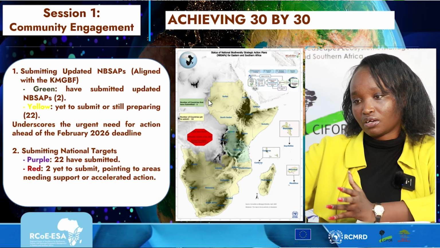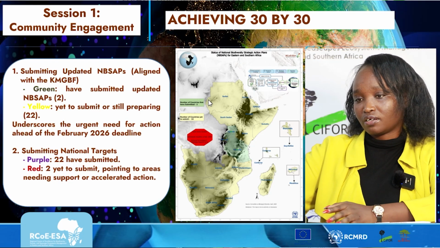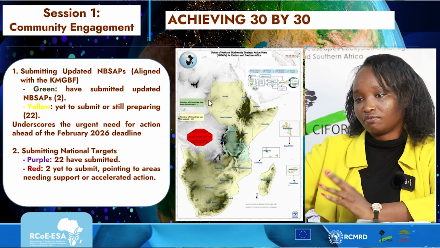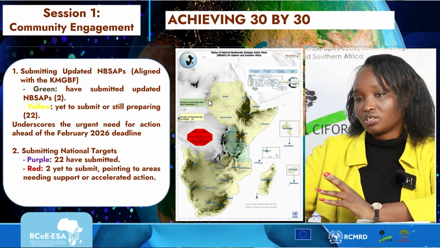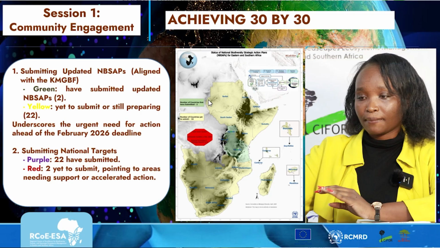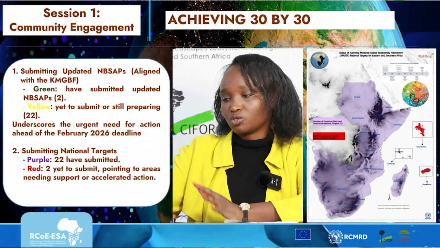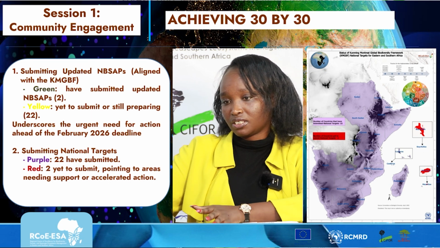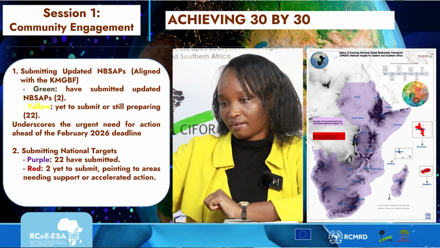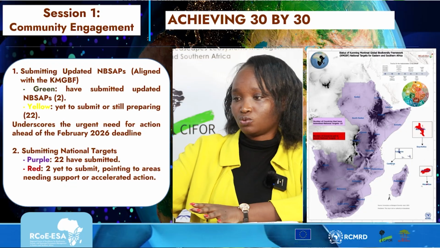For example, in our region, we have only 2 that have already submitted the final one. We have 22 yet to submit. So there is urgency now to ensure that everyone is able to submit. Then the national targets, mostly all the countries have submitted and a few of them haven't. So they're able to see where to do more capacity building and assistance in the region.